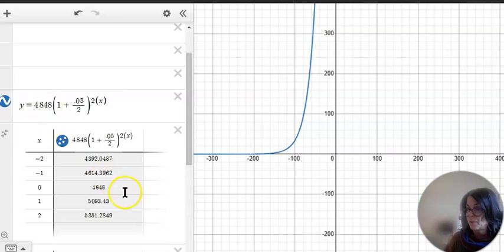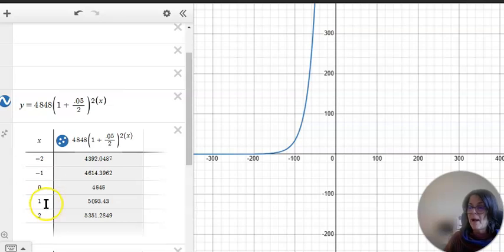That makes sense because that's what I started with, right? The negatives don't make sense in the context of this problem, but notice Desmos doesn't know that. Desmos shows you the negative side of the graph. Desmos gives you negative values of X on the table. Desmos is smart, but you have to be smarter and use some common sense and think about the context of the problem.